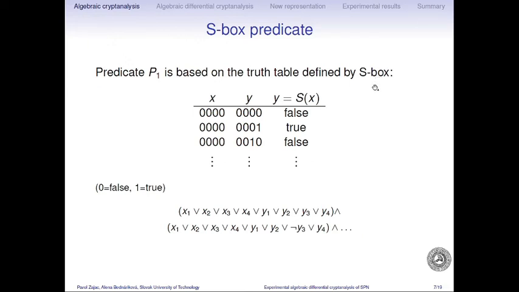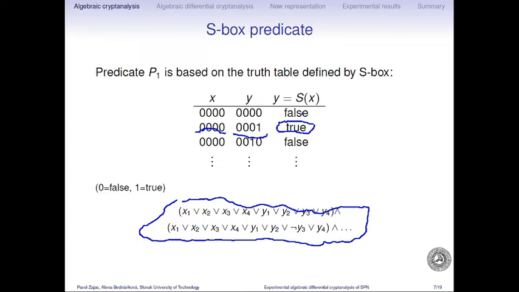For example, if the S-box changes 0000 to 0001, we assign it true value, and all other options of x0 are false. Then we encode this in some conjunctive normal form.